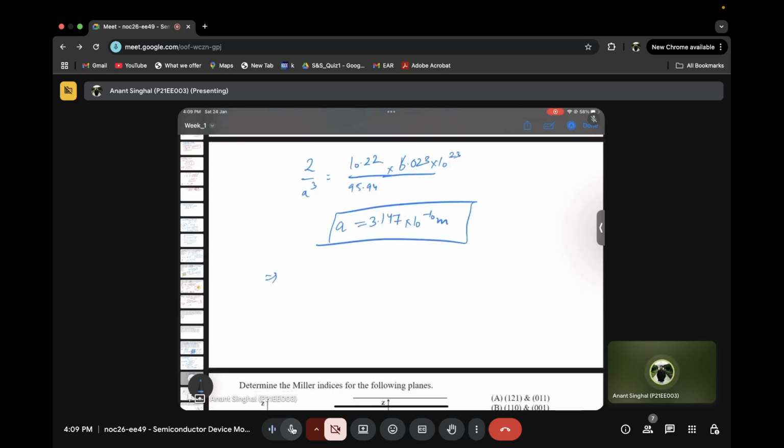Then you can easily find the concentration, which is 2 by a cube, which is 2 by this number cubed.